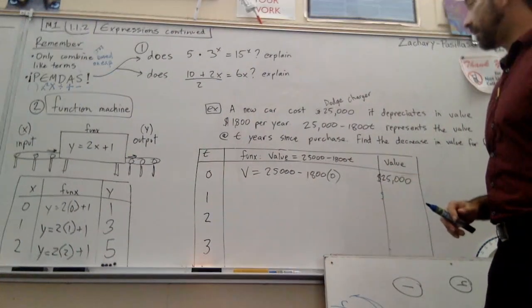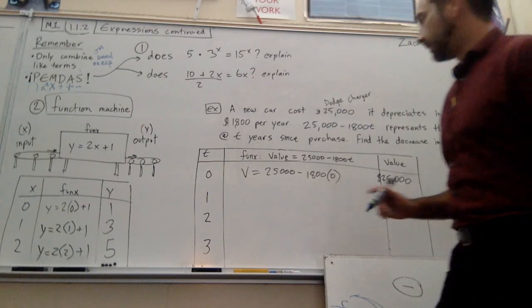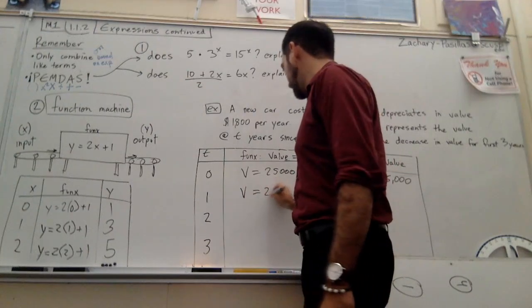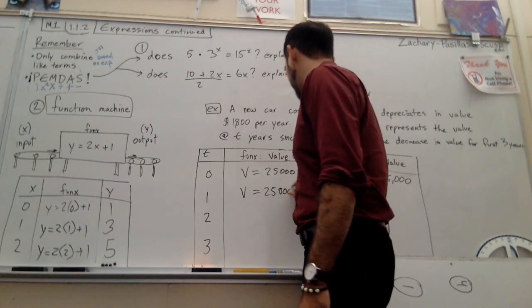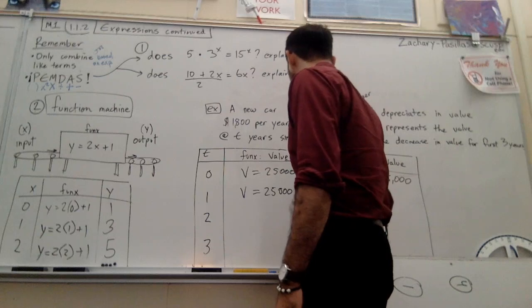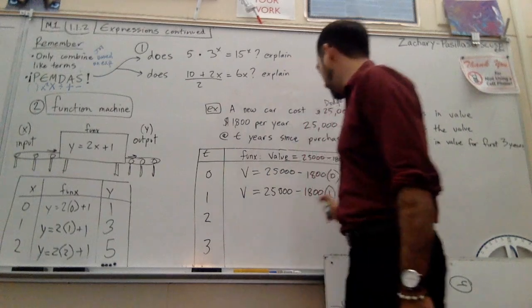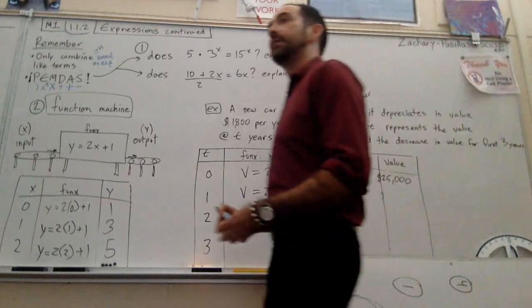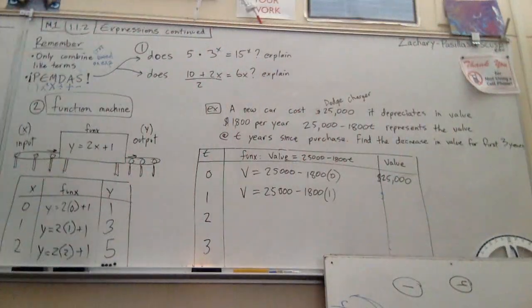All right. Now I want you to go ahead and we'll do the next two. Let's do them independently. So go ahead and work this out. You might need a calculator, but let's work it out for after 1 year, how much has it depreciated, and then for 2 years. And I think from that, we'll just be able to do number 3 together. And then check with your neighbor, or if you don't know.